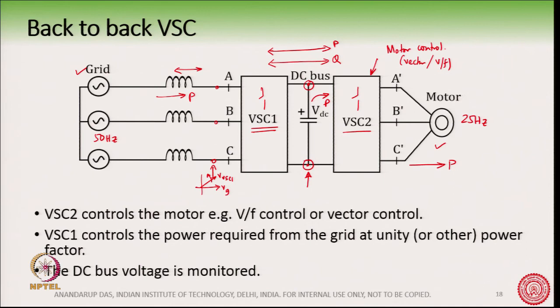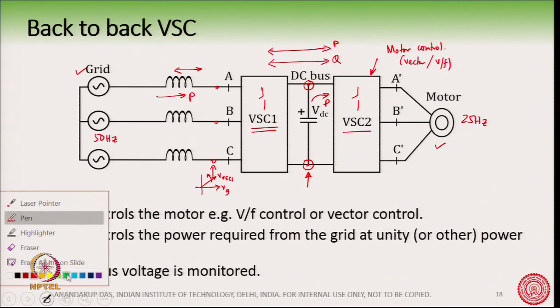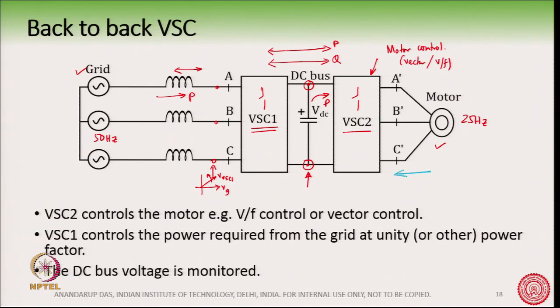Suppose we take a condition that the motor is feeding back power through VSC 2, it is regenerating. What will happen to the DC bus? The DC bus voltage will go on rising, at a very fast rate.